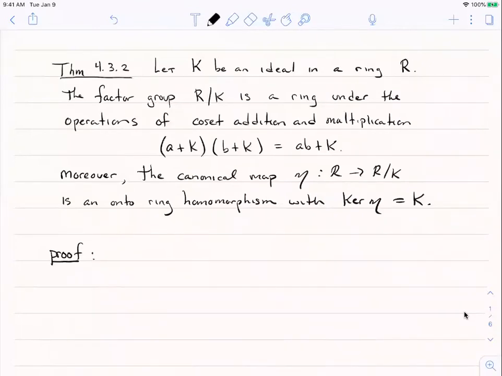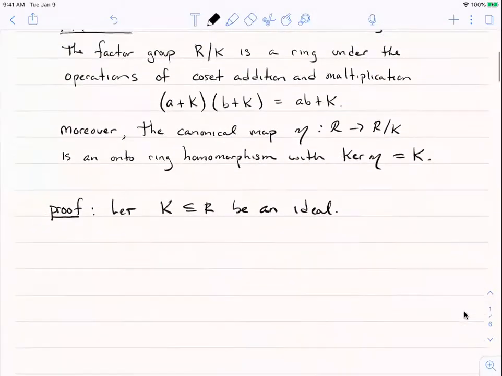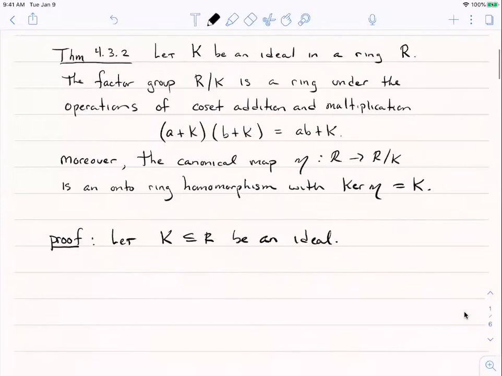So let's have an ideal called K. I'm just going to start trying to write down some of the stuff I just said. Let me let you look at that theorem statement as long as we can. So first of all, K is a normal subgroup of R under addition because R is abelian.